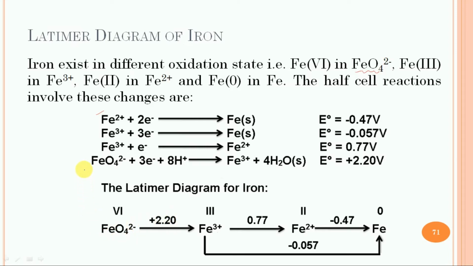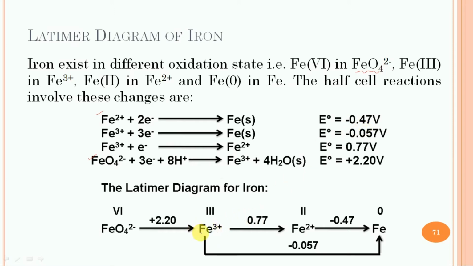This one corresponds to these equations, having electrode potential 2.20. This conversion, iron 3 plus to iron 2 plus, corresponds to 0.77 volt. And this conversion, iron 2 plus to iron, corresponds to minus 0.47.